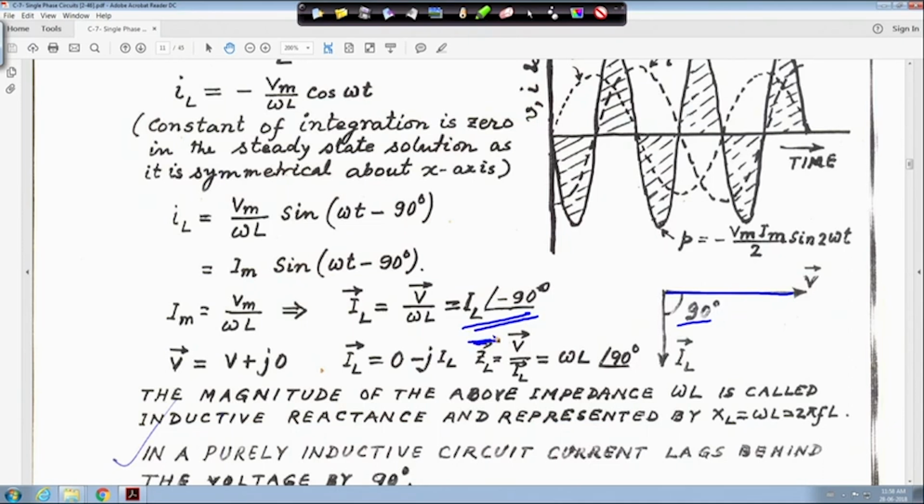Now, if we look like this, V is equal to the RMS value of V at angle 0 degree, and I is equal to IL at angle minus 90 degree, right.